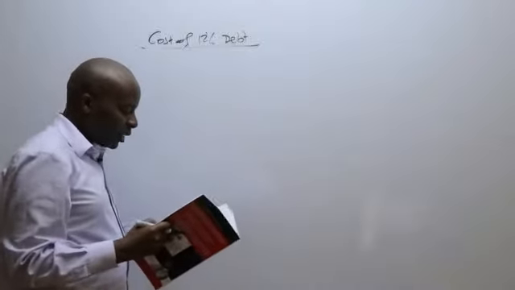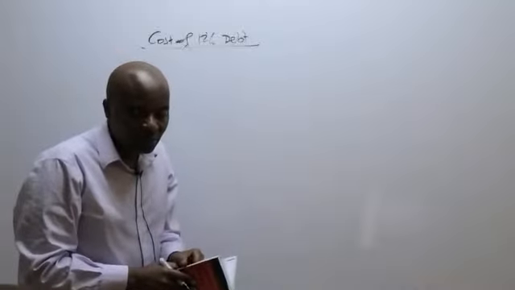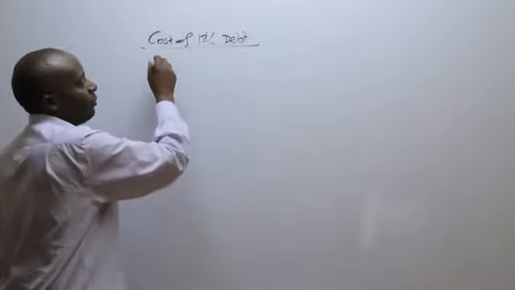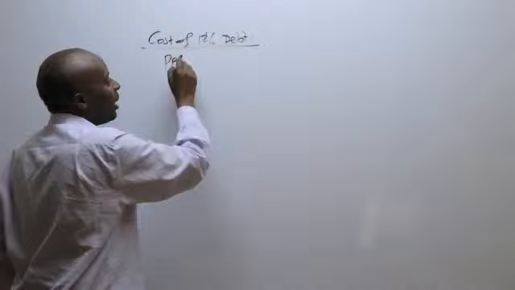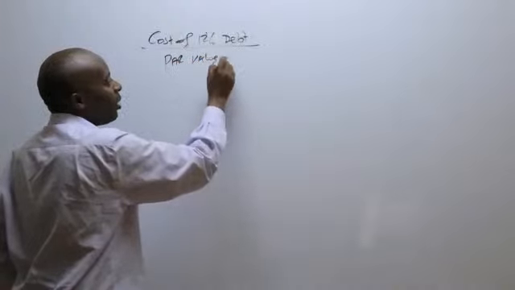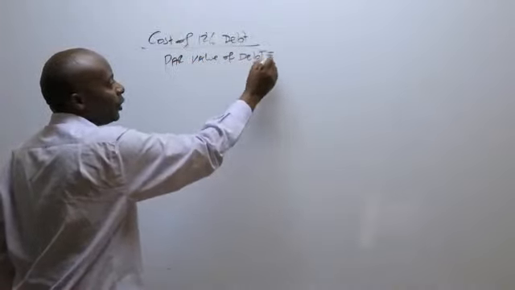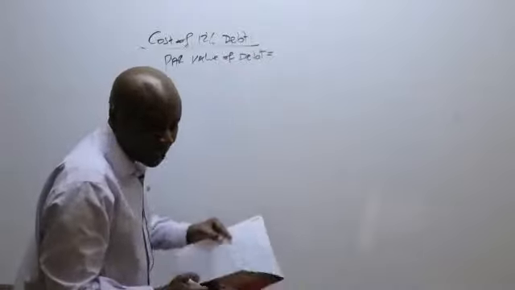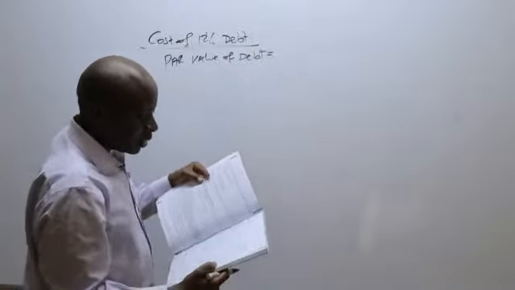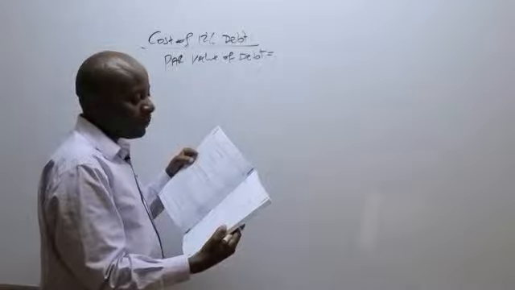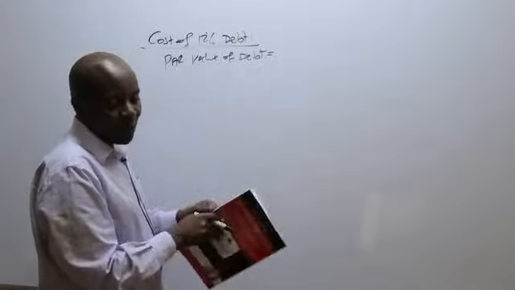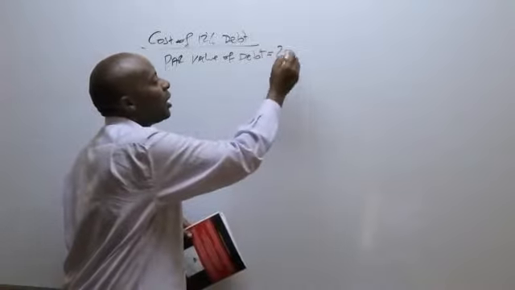Who is able to see the par value of debt? This is very important for me to be able to do costing, the par value of debt, the one given in the balance sheet. The par value of debt is 20. The one given there, 12% redeemable debenture capital, shillings 20 par value. So the par value here is 20.